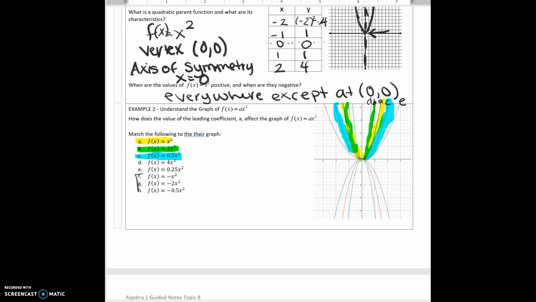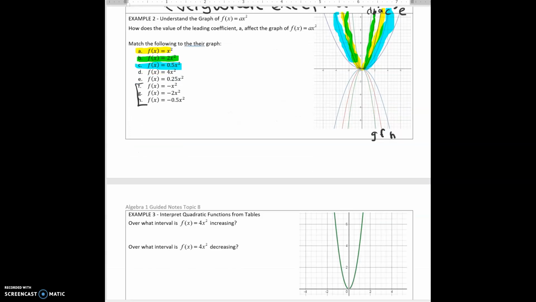On the bottom 3, you'll notice there's a negative sign in front, and that means it just flips this way. So this one here is your G function, your F function, and then your H. So it follows the same pattern of shrinking or stretching. The only thing that changes is it's going downward now.